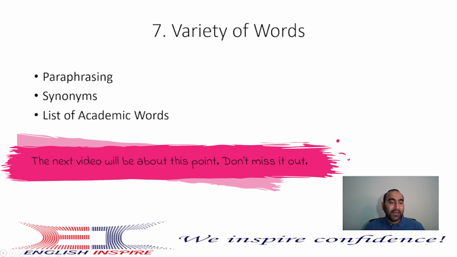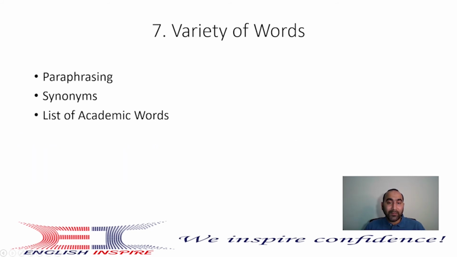And it includes also the correct choice of academic words. Again, we're going to allocate a new special video for this point just to show you how you can paraphrase, how you can replace words by giving synonyms. So please, in the next video, I'm going to explain about this point specifically.